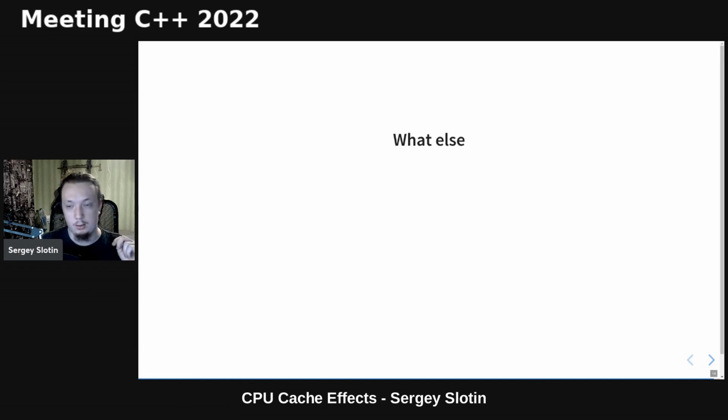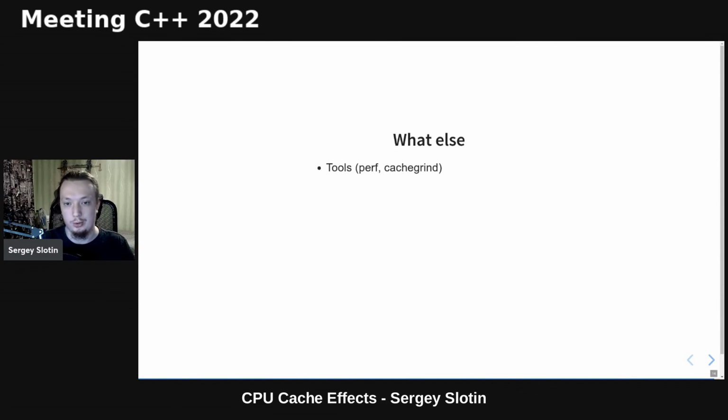I initially wanted to name this talk "What You Need to Know About Memory" or something along these lines, but I realized that this talk is very far from being enough. There are many related cool things that I intentionally did not cover, and I would like to at least mention them so that you can read up on them later.